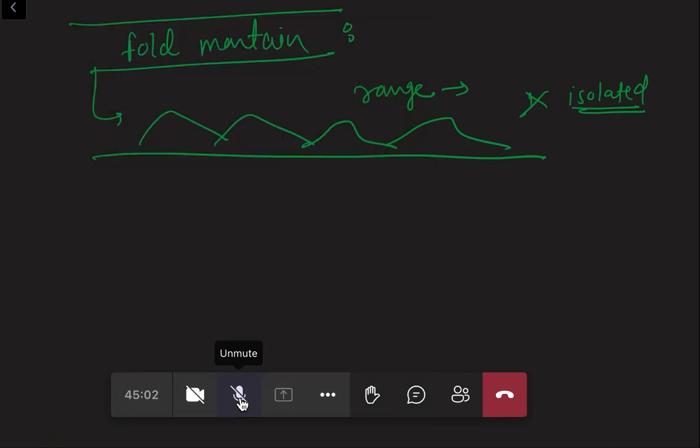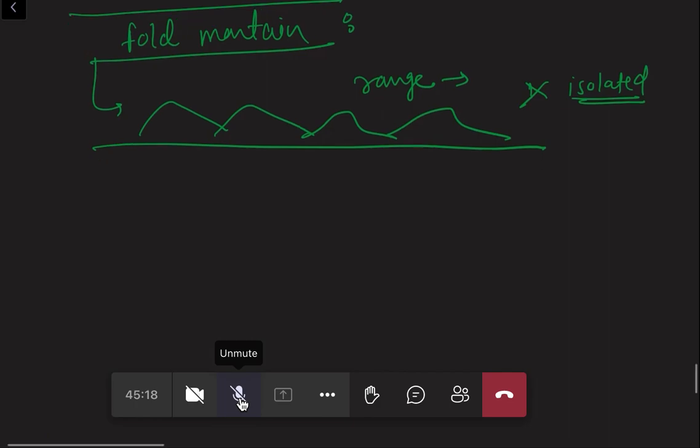Maybe Prajakta, you may have gone through this study of how they are formed, but for others, let's see. It is not part of this study, but later we will understand deeply how these fold mountains are formed.